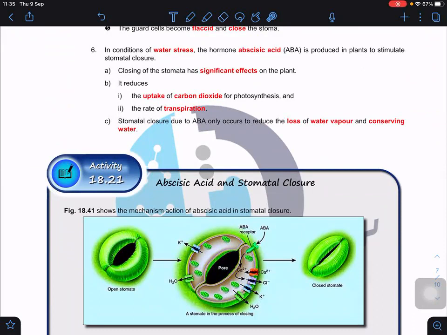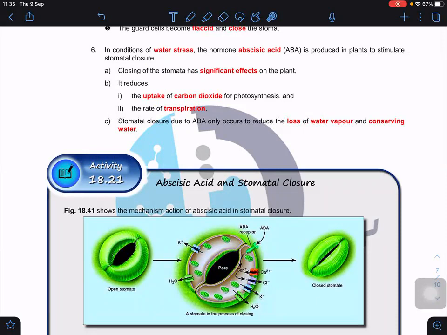The secretion of ABA has a significant effect on the stomata and causes the stomata to close. Because of the closure of the stomata, it reduces the uptake of CO2 for photosynthesis. Definitely, photosynthesis will drop. Are you clear? Unless it's a C4 plant, that's a different story. C4 plants can concentrate the CO2 into these bundle sheath cells.